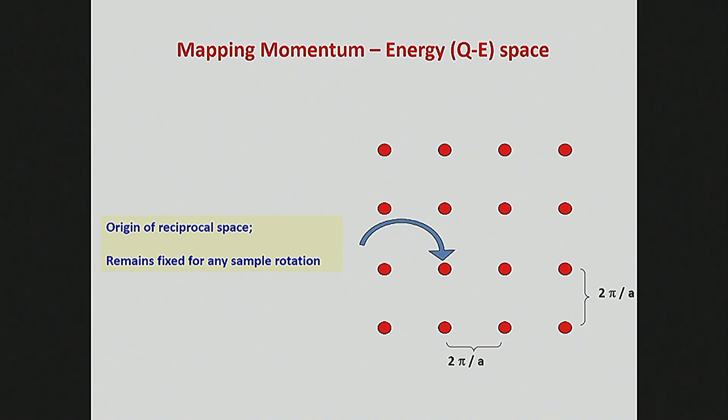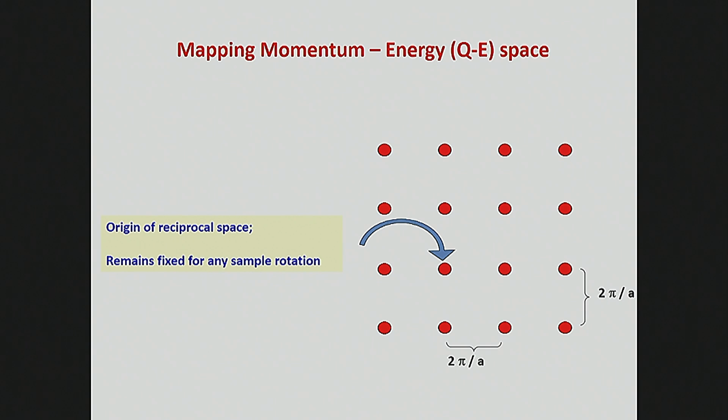So this is itself a lattice, and you've got lattice points which are separated by 2 pi over A. It's called reciprocal space because the unit cell dimension actually appears in the denominator here, so 2 pi over A. And then we're going to imagine the rotations of our sample.